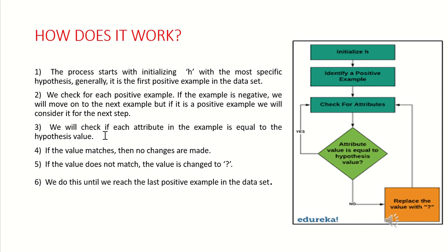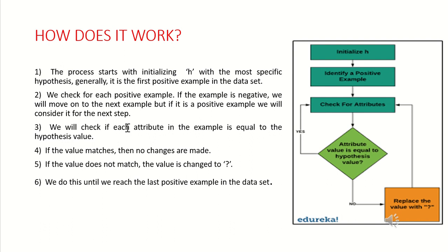In step 5, if the value does not match, then the value is changed to a question mark. If the current value and the previous value differ, we are going to change it using the question mark symbol. And the last step is step 6: we will repeat this process until we reach the final positive example in the dataset.